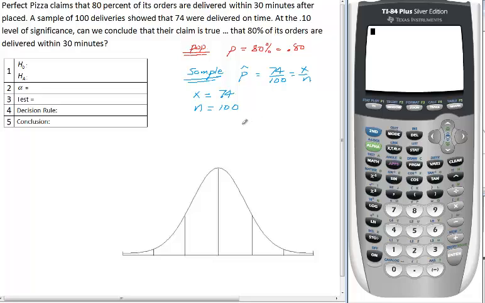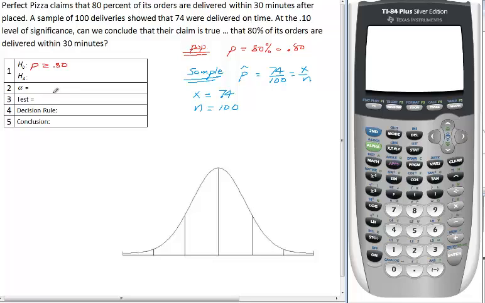Now let's go back and see if we can write our null hypothesis and our alternate hypothesis. So are they delivered within 30 minutes? So the status quo is, of course, H0, right? What is happening now? And that is, now it's not mu anymore, is it? It's P, or pi, if you're using the pi symbol, greater than or equal to 80%, or 0.80. You can write it as a percent, no problem.